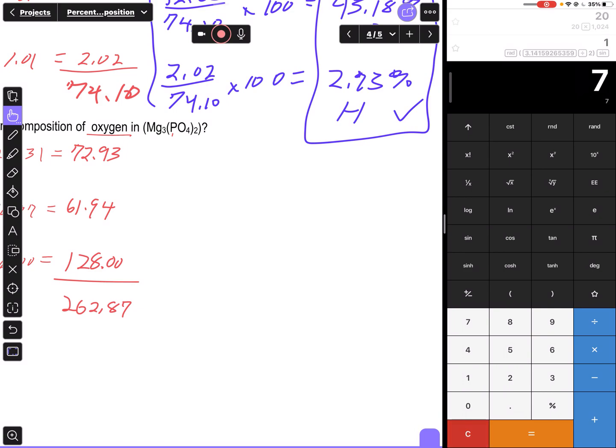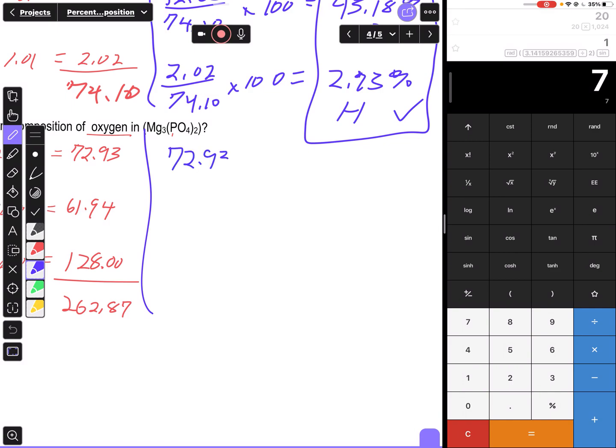So when I'm looking for magnesium, I'm going to take 72.93, divide it by the total, which is 262.87, then multiply it by 100 to get a percent. For the phosphorus, it'll be 61.94 divided by the total, 262.87.